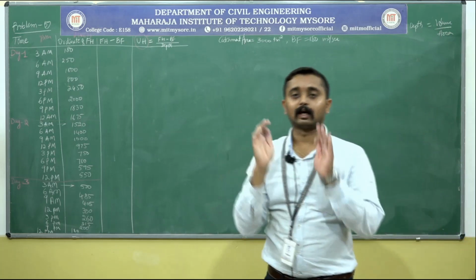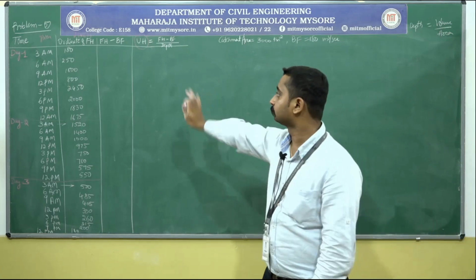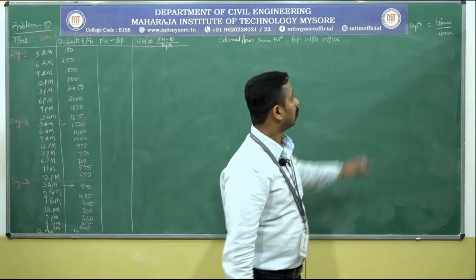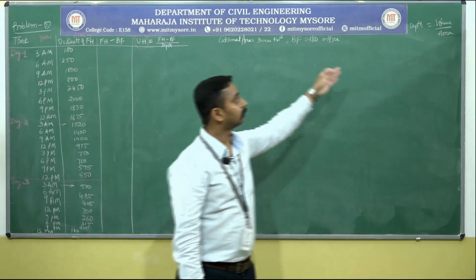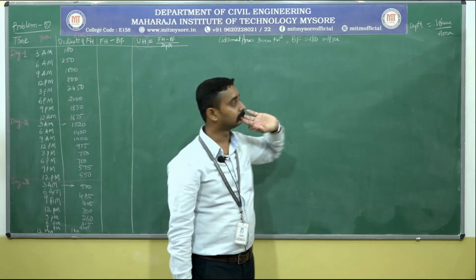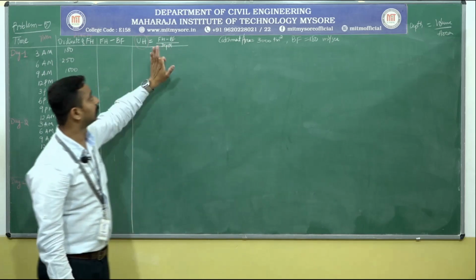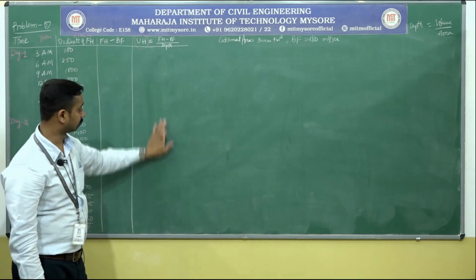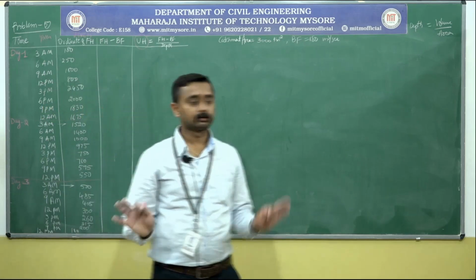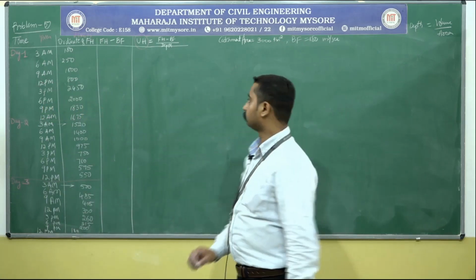So first calculate the volume of the flood hydrograph. After dividing the volume by area, we will get the depth. Just substitute the depth value to get the unit hydrograph ordinates. Simple.